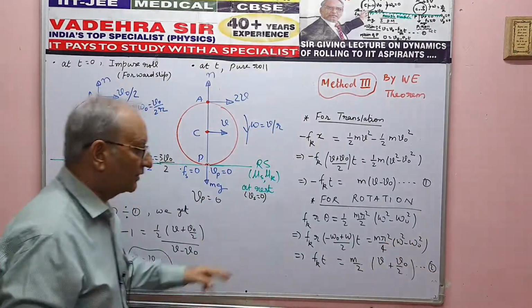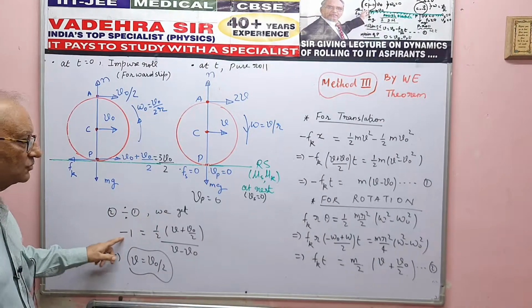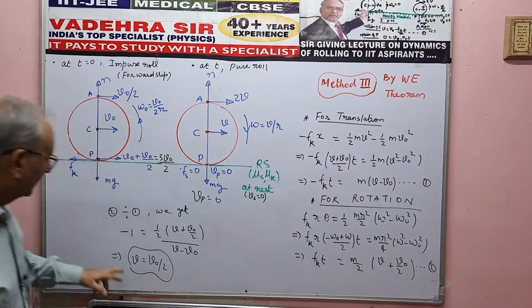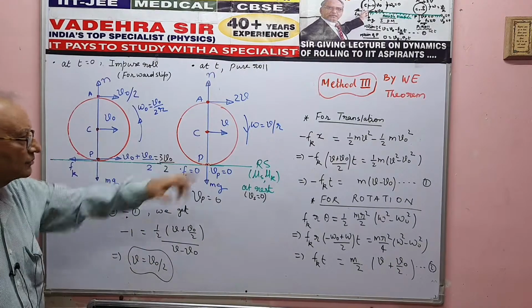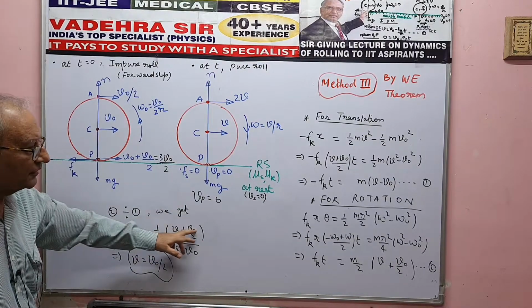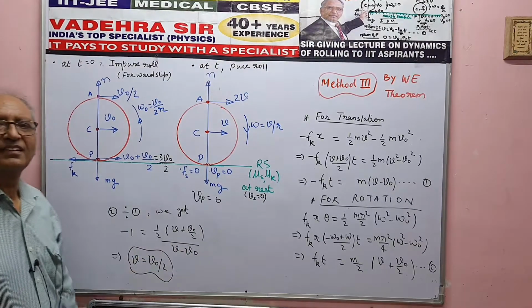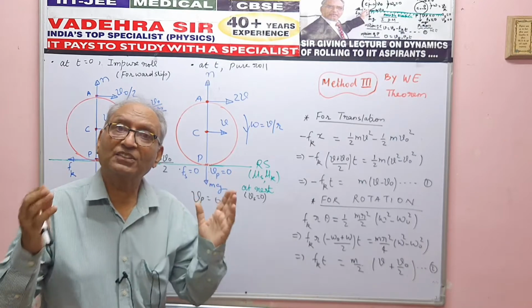I divide equation 2 by equation 1. Dividing 2 by 1, we get minus 1, because Fk t divided by minus Fk t gives me minus 1, equal to half, there you are, cancels. So half v plus v naught by 2 divided by v minus v naught. We solve this, we get v equal to v naught by 2. So interesting.